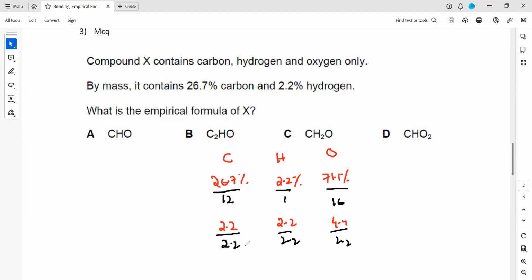So when we divide, this will be 1, this will be 1, and this will be 2. So it has one carbon, one hydrogen, and two oxygen. The ratio of carbon, hydrogen, and oxygen is 1:1:2. So it matches option D.